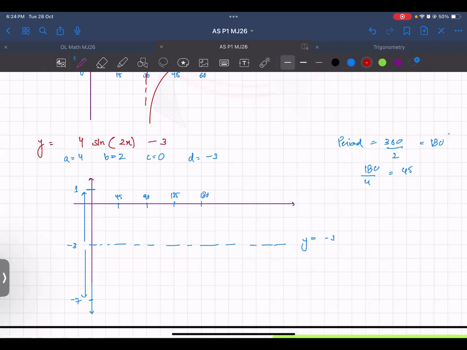So we know the sine starts from 0, then goes maximum, then 0, then minimum, then 0. So 0, maximum, 0, minimum, 0. This is your graph.